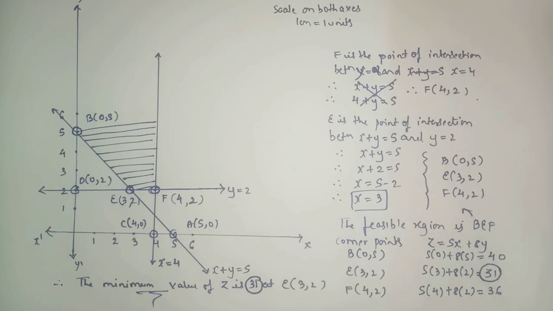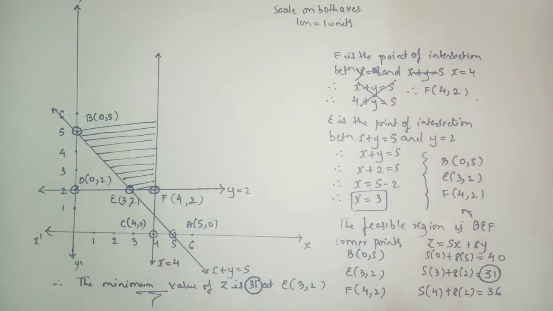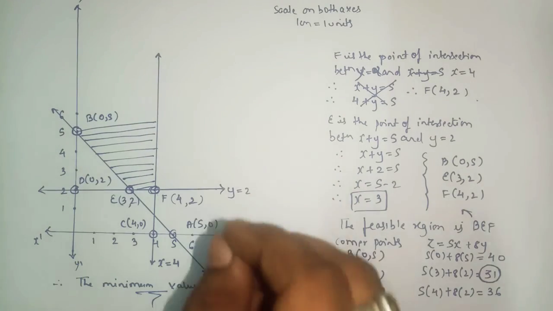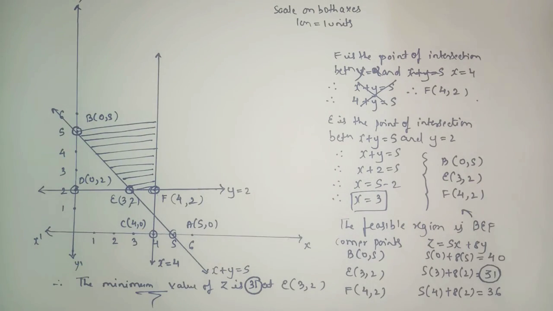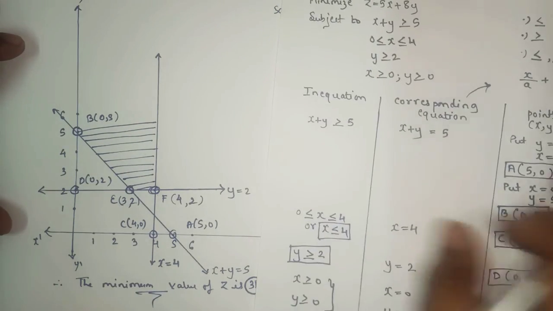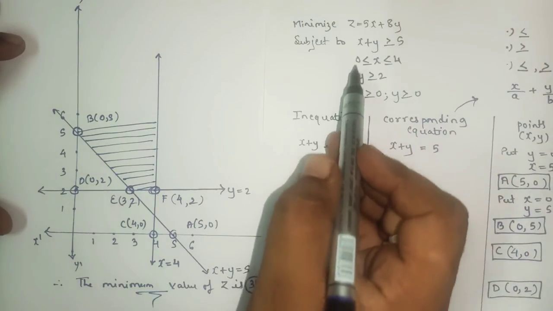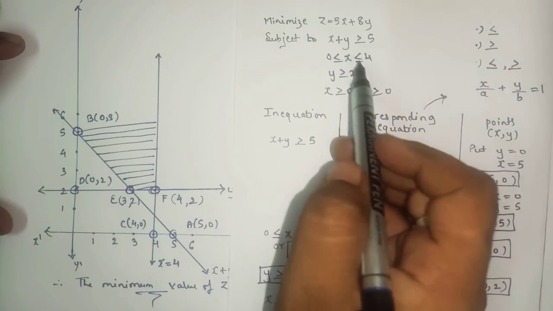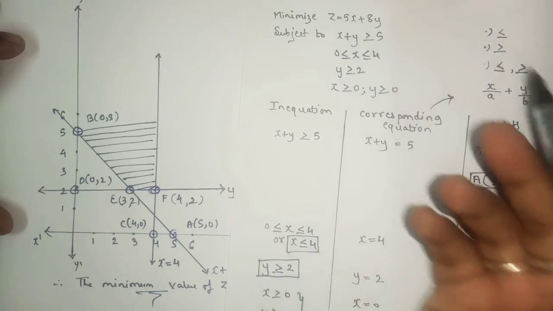Understood? I hope you all understood the last part of this graphical method, the last type, where we saw more than two linear inequations and the connection was both less than as well as greater than.